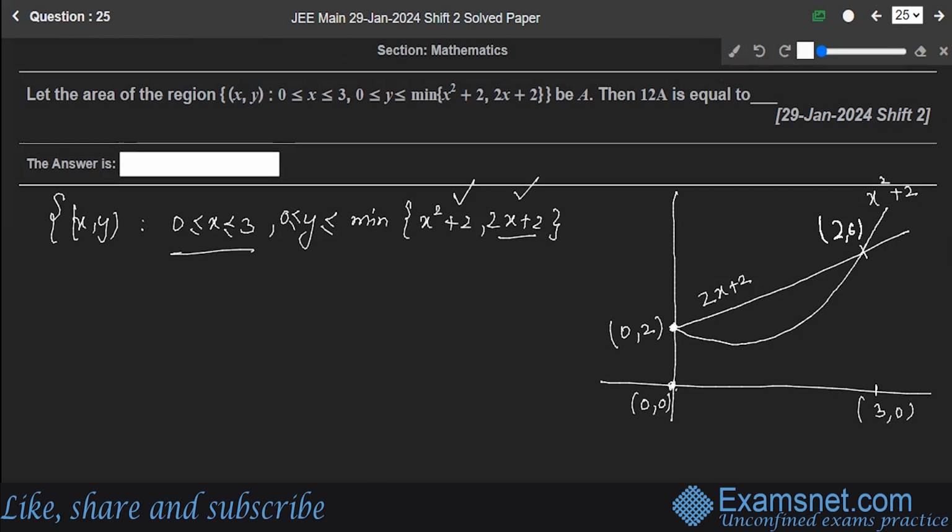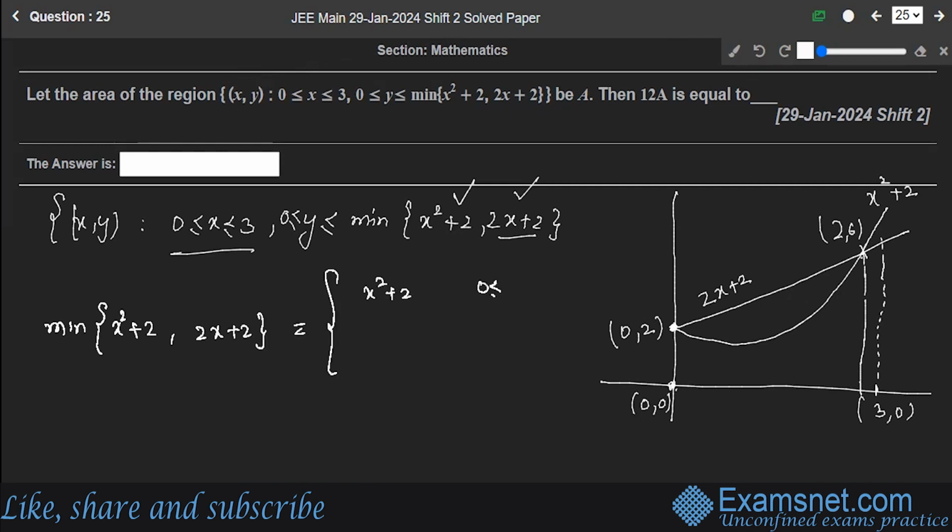Now, this is the line x is equal to 3. Now look at this one carefully. This will give me x squared plus 2. Let's write it here. Minimum of x squared plus 2 and 2x plus 2. This will be x squared plus 2 when x lies between 0 and 2.